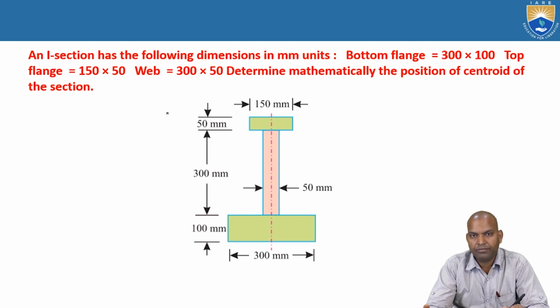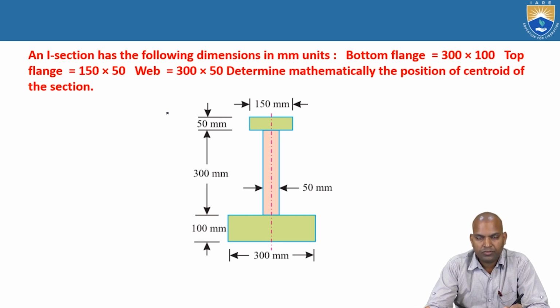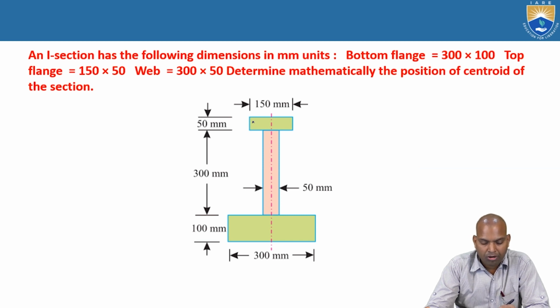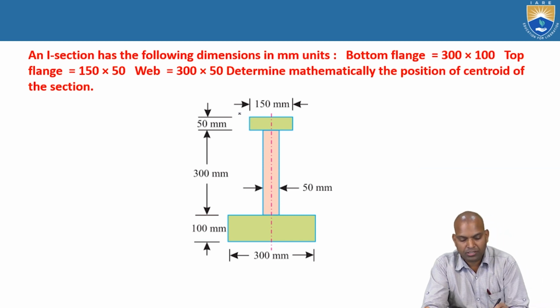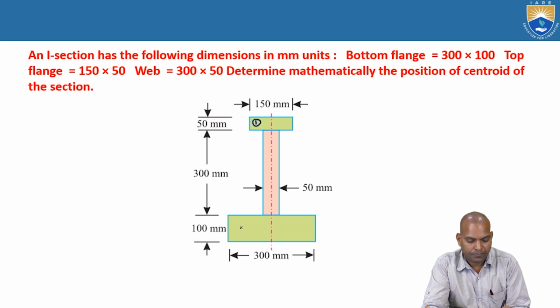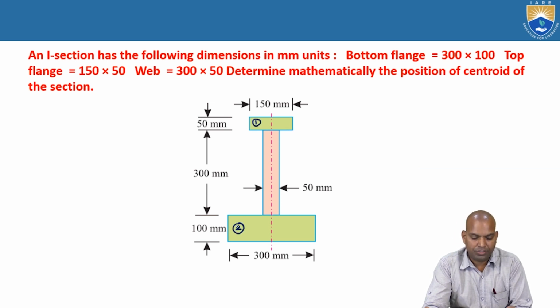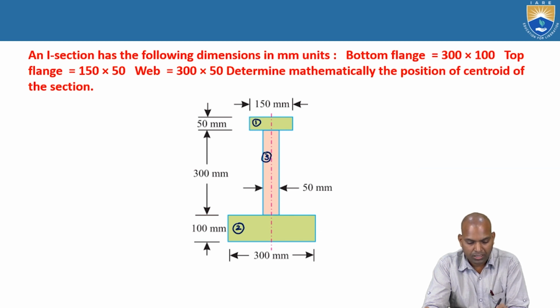This I section has three rectangular sections. The horizontal ones are known as the flanges. If we consider section 1, it is flange 1. Section 2 is also a flange. What about section 3? Section 3 is known as the web.